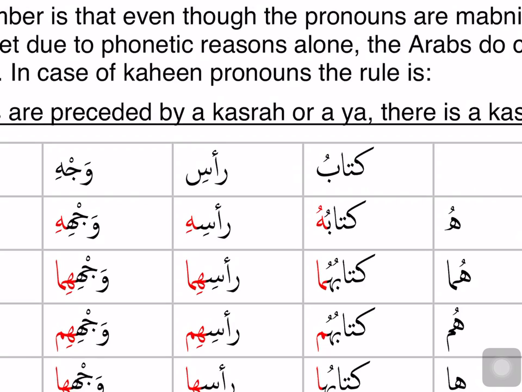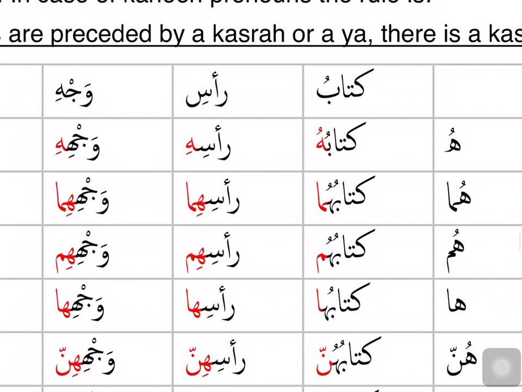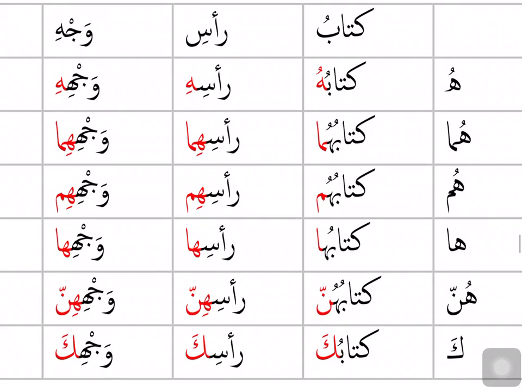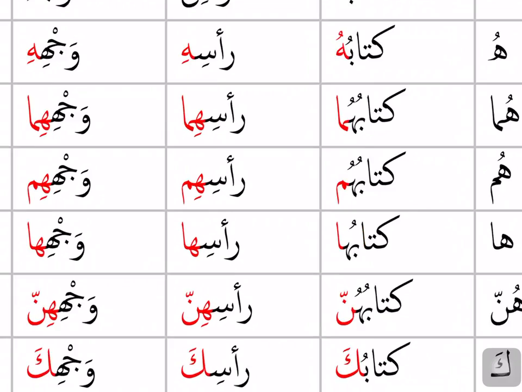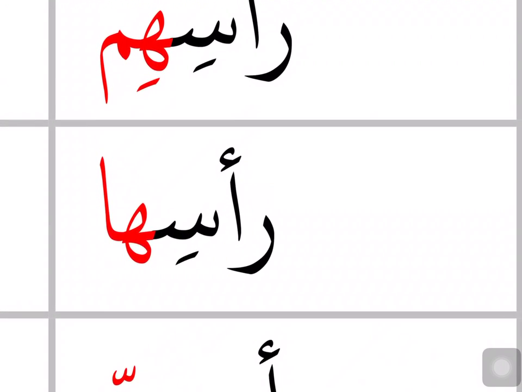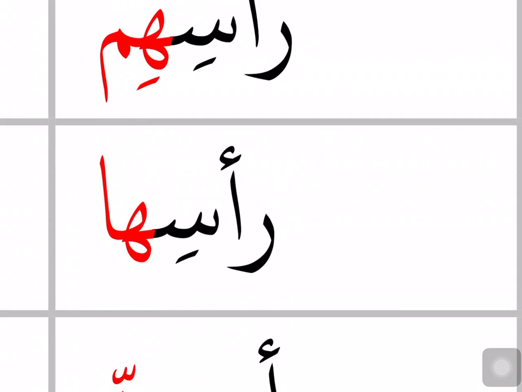For instance, before that was a harf of jar. For instance, we were saying fi ra'sihi. Because of fi, the word ra's became ra'si, and I wanted to attach the pronoun hu with it, his head. For phonetic reasons, I will have to make it hi. Ra'sihi, ra'sihima, ra'sihim, ra'siha. In this case, there is no kasra on the ha pronoun, because after it is an alif.